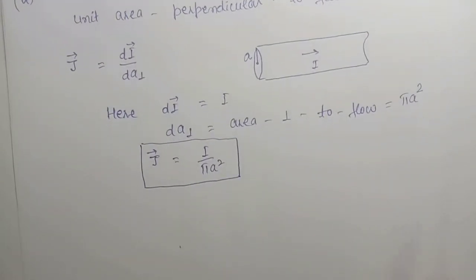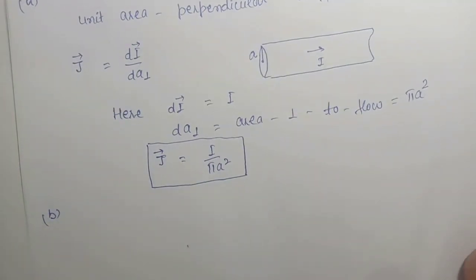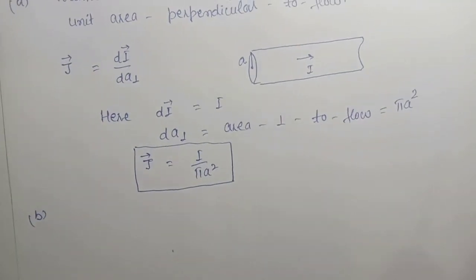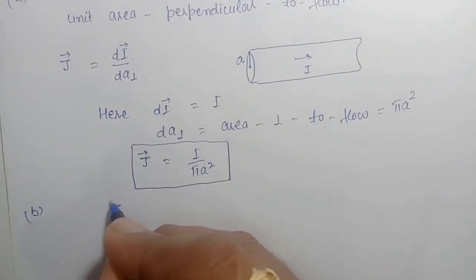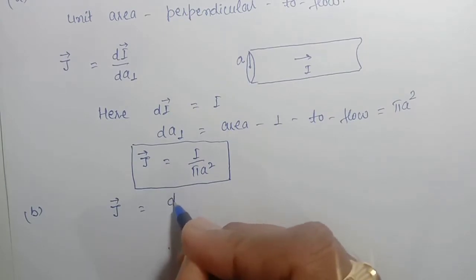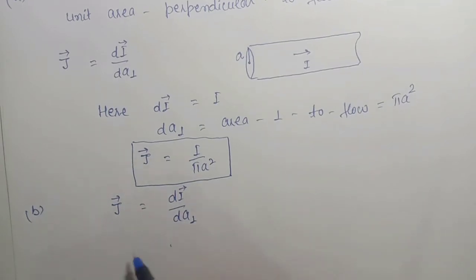Again we will use the same definition of current density, J is equal to dI over dA perpendicular, or we can write dI equals J dA perpendicular.